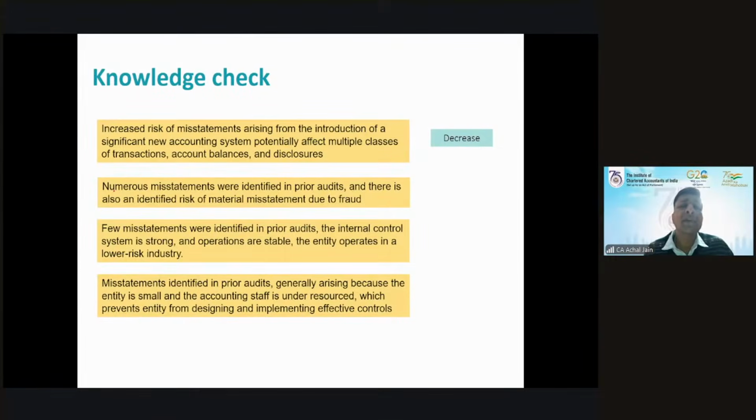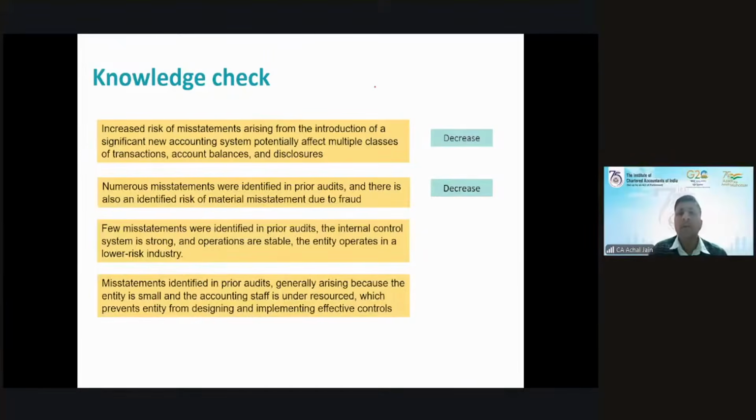Numerous misstatements were identified in previous audits. And there's also an identified risk of material misstatement due to fraud. So what will the auditor want to do? Auditor will want to decrease the materiality threshold. Few misstatements were identified in prior audits. Internal control system is strong. Operations are stable. Entity also, if you look at their business, they operate in a lower risk industry. So in this case, what will the auditor want?